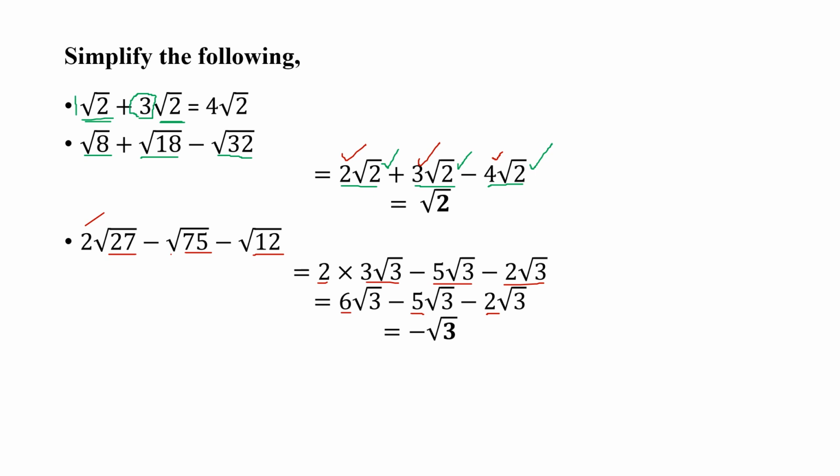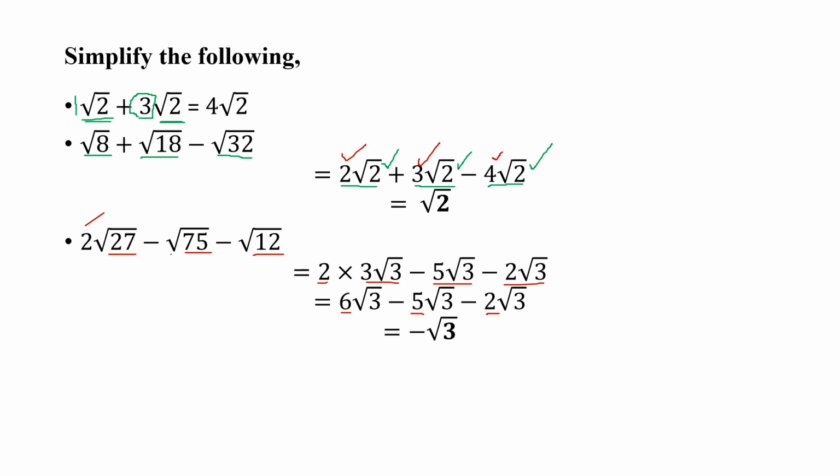Please note that the addition and subtraction of surds won't affect what is under the square root. As long as what is under the square root is uniform throughout, then we treat this one. We can do it this way. We can treat root 3 as x, root 3 as x, root 3 as x.